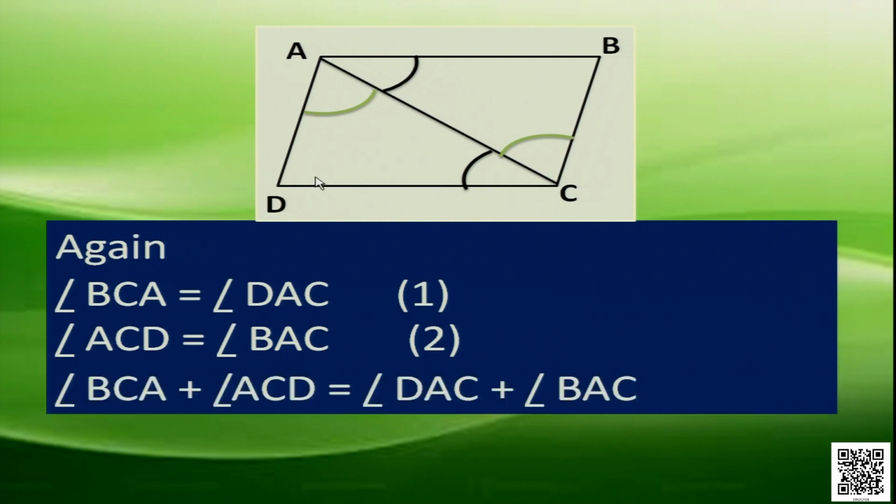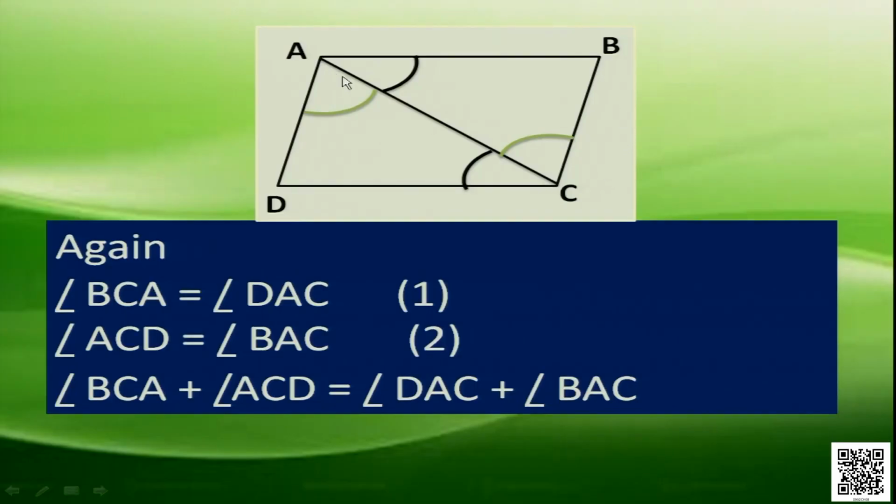Now let's see, if we add these two equations, then we get angle BCA plus angle ACD is equal to angle DAC plus angle BAC. Now you see, if we see the figure, BCA and ACD, these two are adjacent angles. So the sum of these two will be same as the angle BCD.